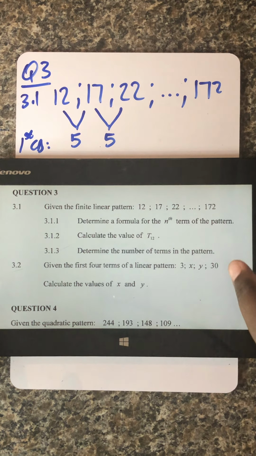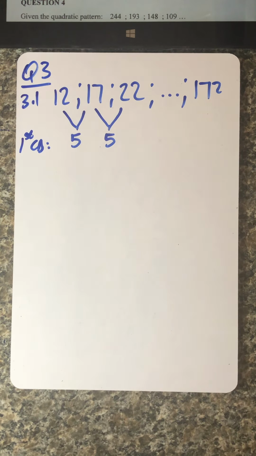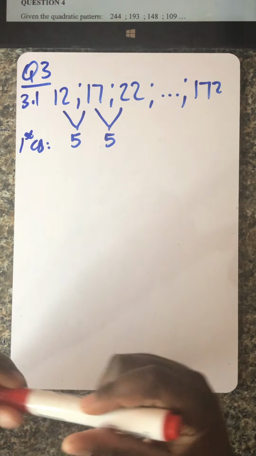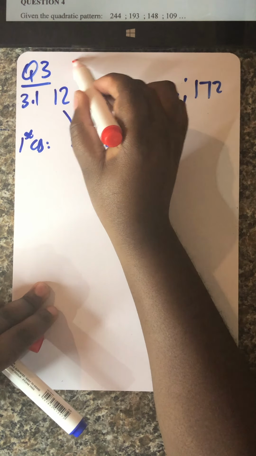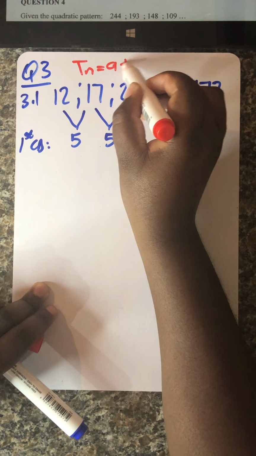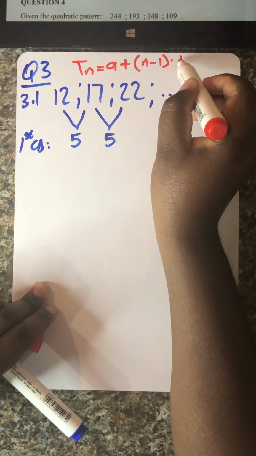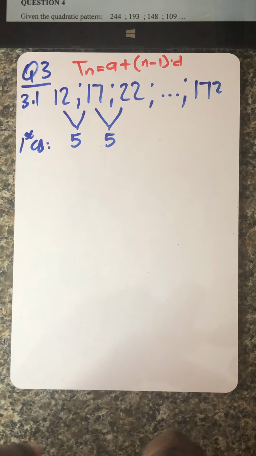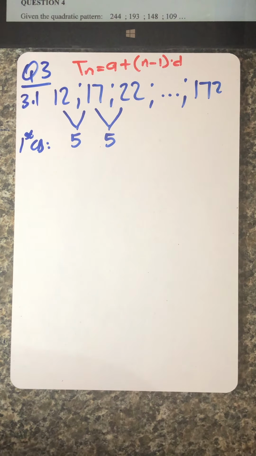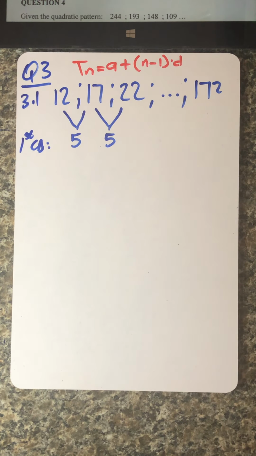They want you to calculate the nth term. So remember, I've just indicated that this is the formula that we'll be using. Tn is equal to a plus (n minus 1) multiplied by d. Most of our answers will be based on that formula, I assume.